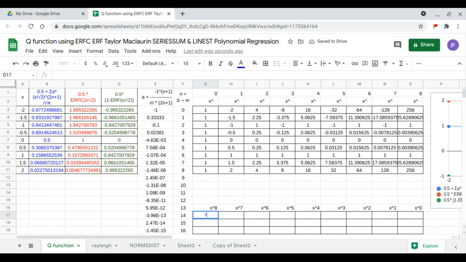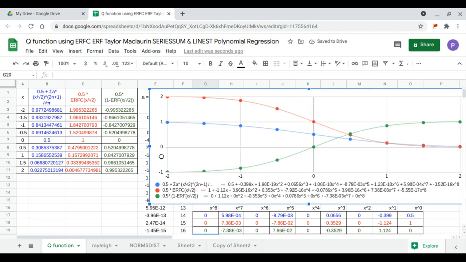Now we can enter LINEST, with the expansion data y and data x, and the complementary error function, which is LINEST data y and data x. And finally, the error function, which is equal to LINEST data y and data x. Enter. So here we have the trendline polynomial regression coefficients.